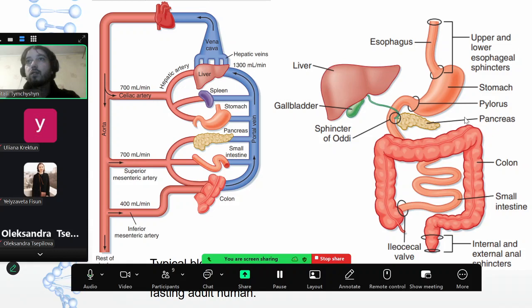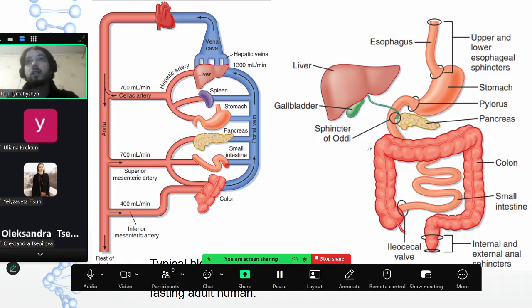Here on the right you see once again our digestive system in its full glory. Here you see the esophagus, the different sphincters and parts of the stomach and so forth. What's interesting here is the liver, this is the gallbladder, and here you see this tiny tube going right here and ending at the sphincter of Oddi.